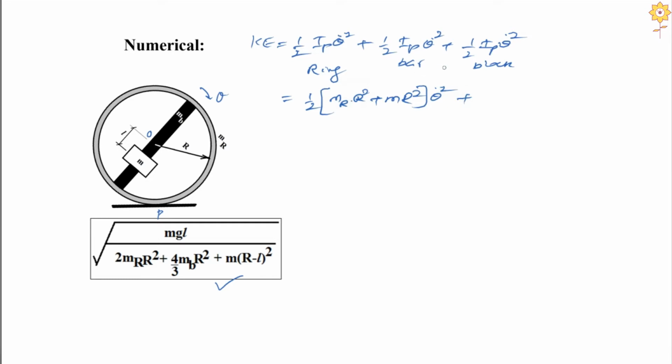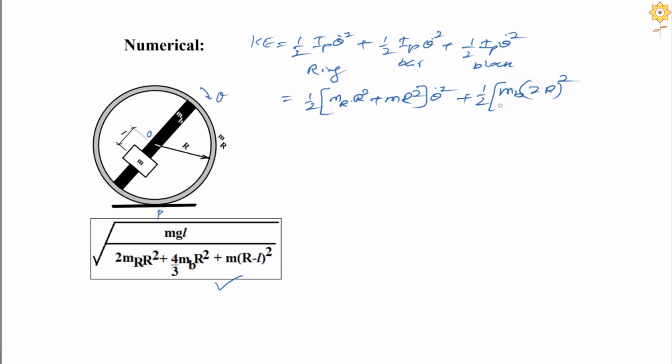Plus for the bar, we have half times I about CG of the bar, that is equal to mass of the bar into the length squared divided by 12, right? Assuming that the cross-section dimensions of the bar are very small compared to the length. So what is the length of the bar? It is nothing but twice the radius of the ring. So it is 2R, that is the length, right?